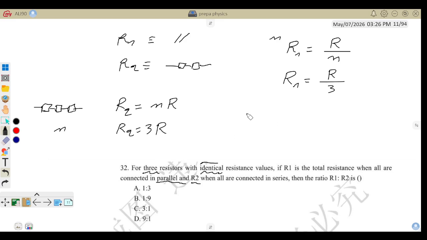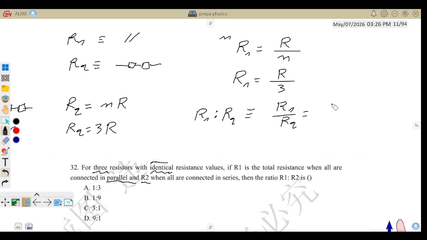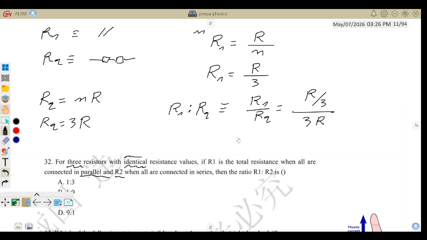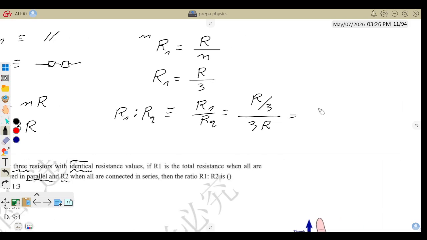What is the ratio now? R1 to R2. We can just divide R1 by R2, which means it's equal to R divided by 3 over 3 R's. Mathematically this gives R divided by 3 times 3, it's 9 R's.